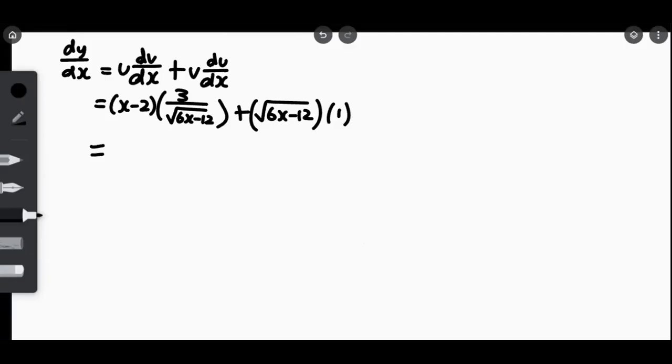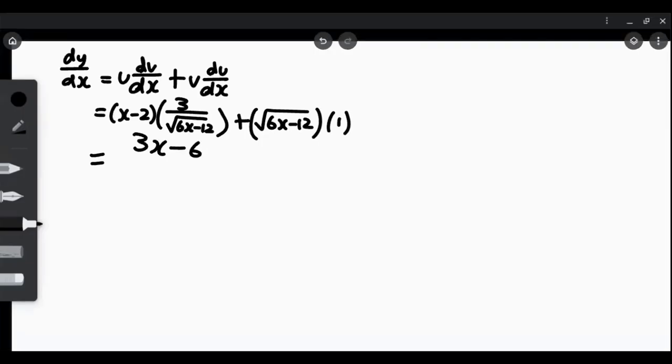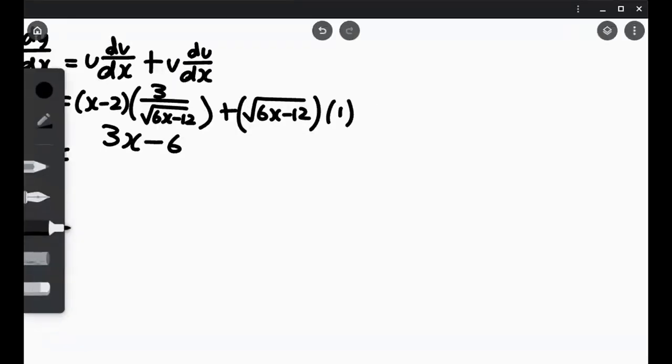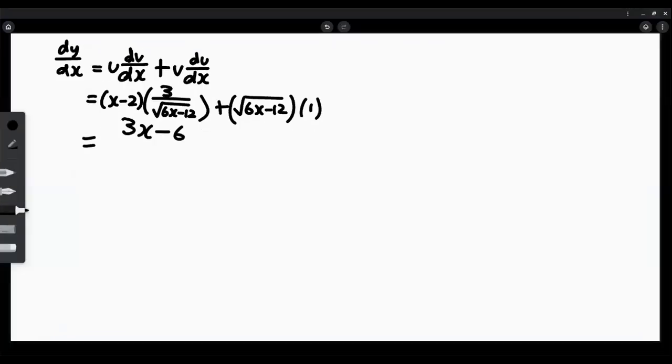So take note, it will be 3x minus 6. So why 3x minus 6? Let me illustrate this on a new share, to this area here so that I can demonstrate on my side.